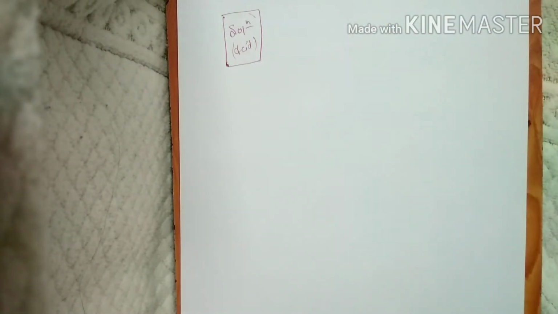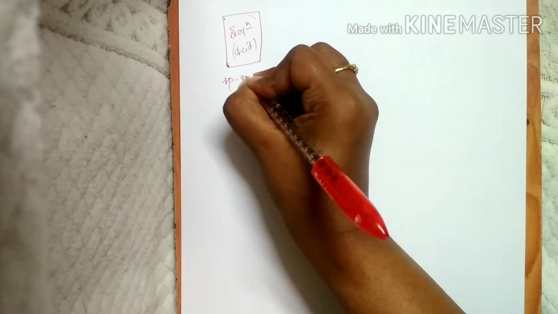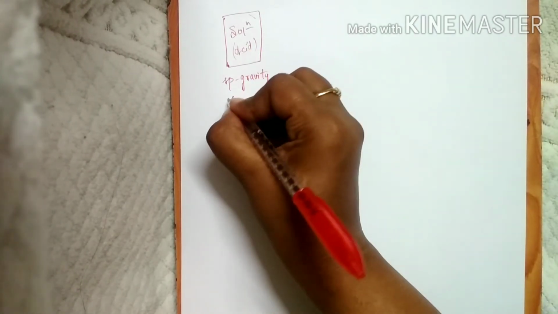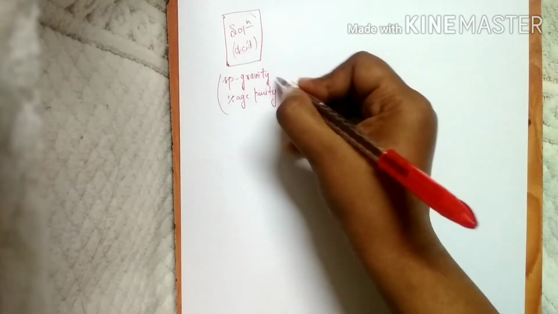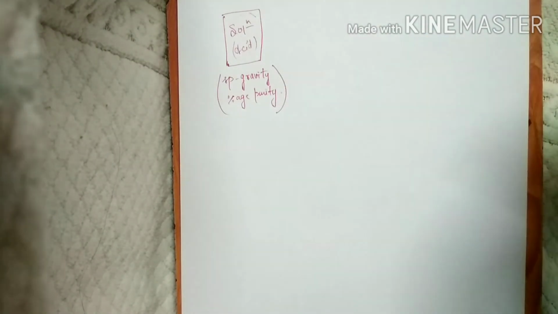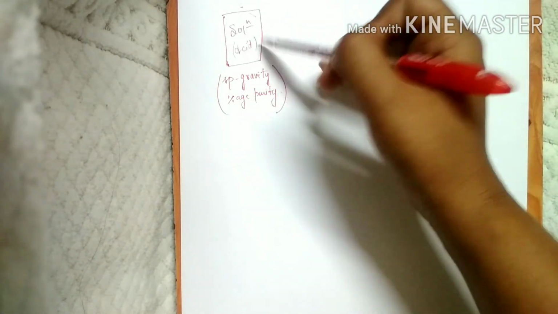The information which you can get from that bottle is the specific gravity, that is written on the bottle, and the percentage purity of that acid. These two things you can get from the label of your bottle. So how to find out the normality of the acid present in that bottle?